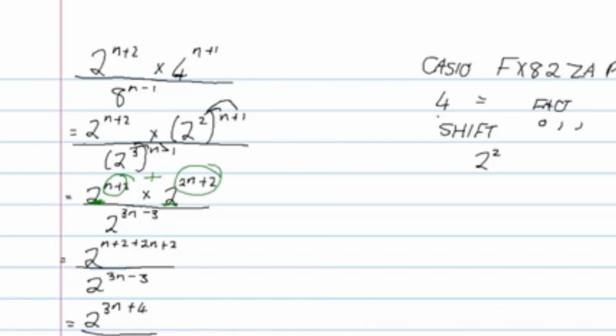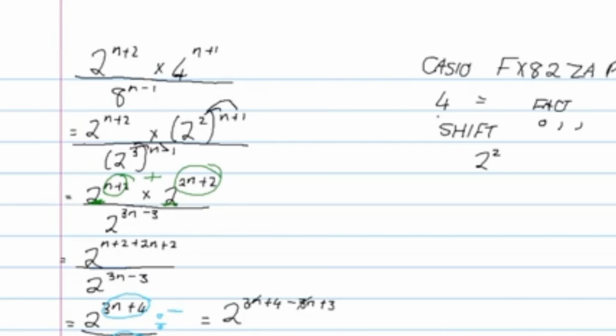So when you add the exponents, n plus 2 plus 2n plus 2 in the numerator, it is going to give you 3n plus 4. And that's the final answer.